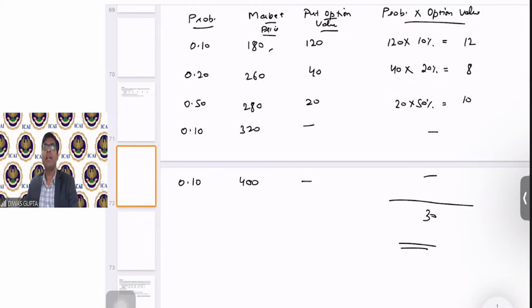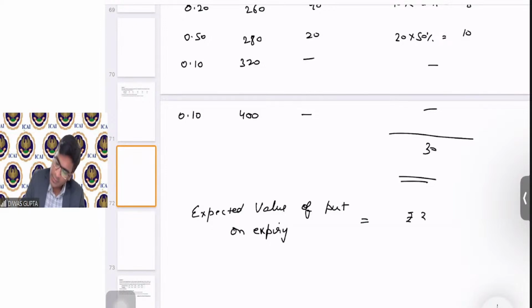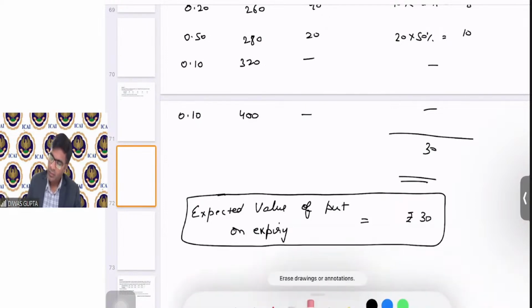So the expected value of put on expiry will be 30 rupees. Okay, students?